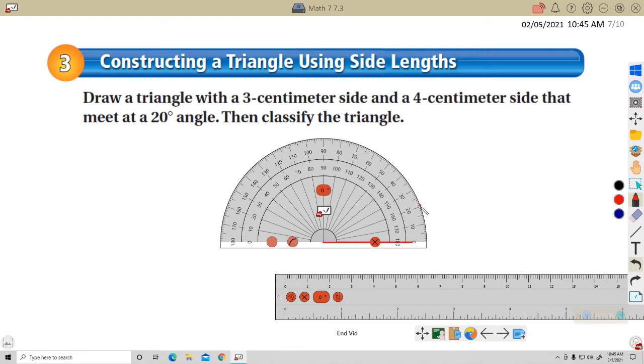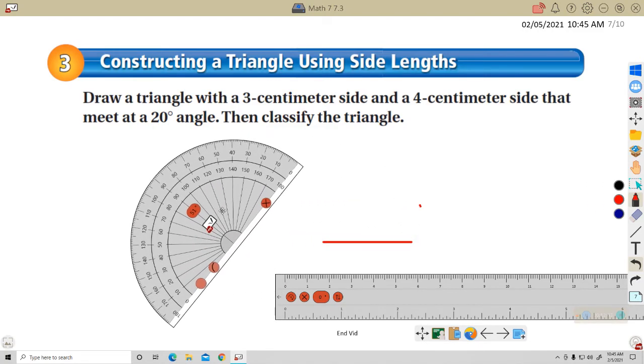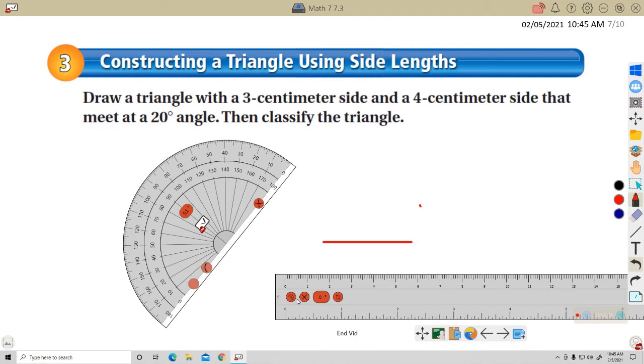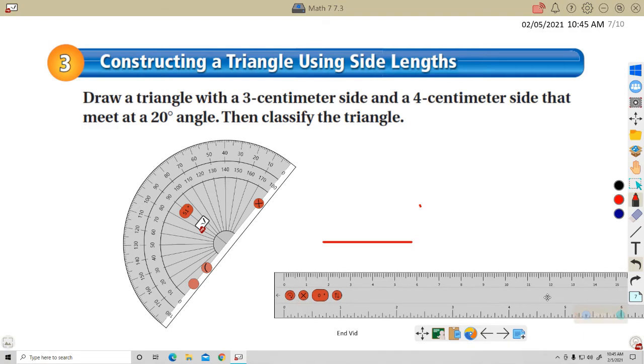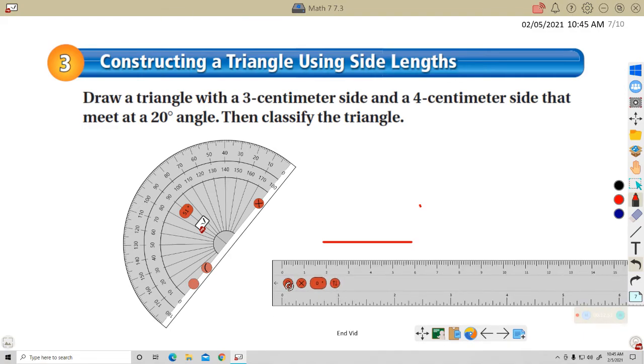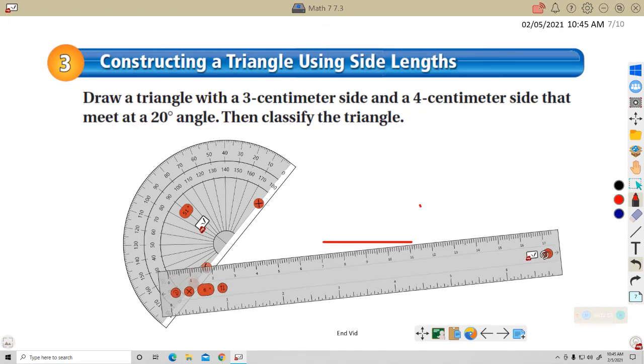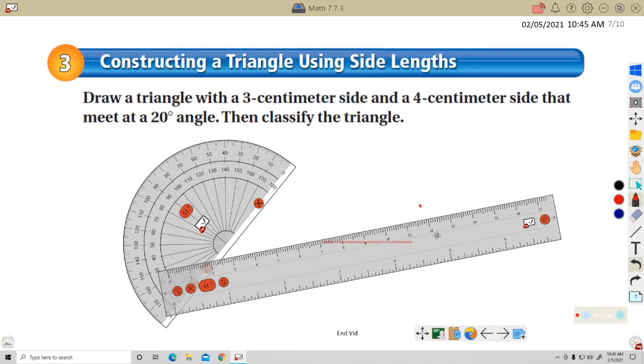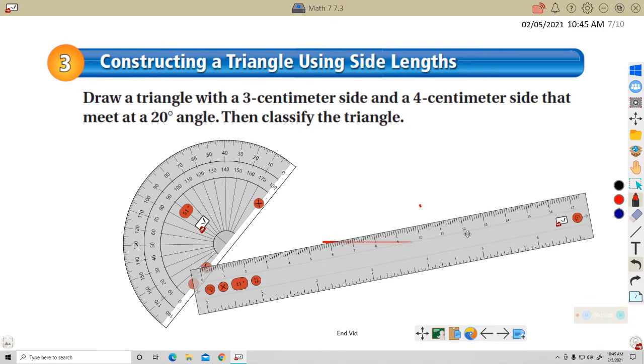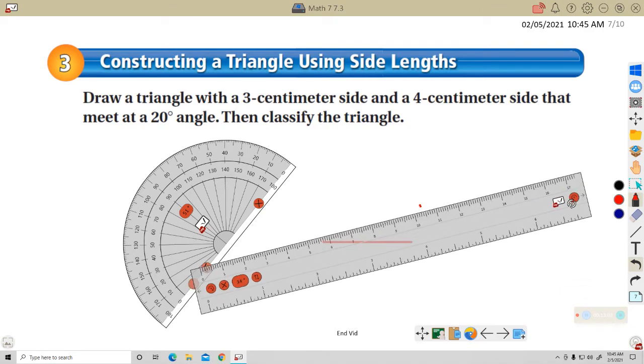It's off a little bit. Okay, so the lower part of that mark is where my 20 degree is. So I'm going to take this now and put a 3 centimeter line in.